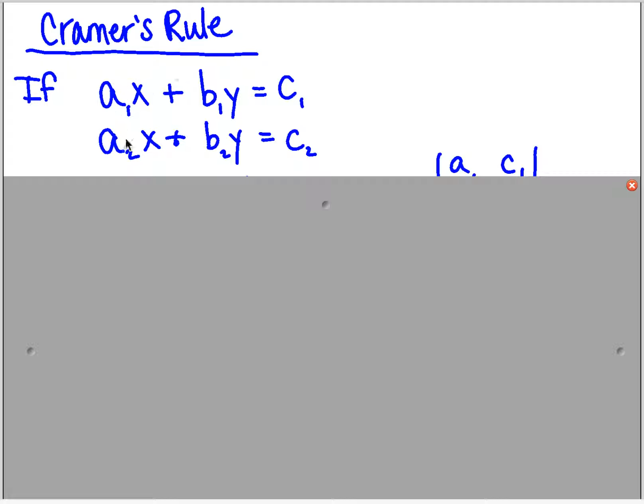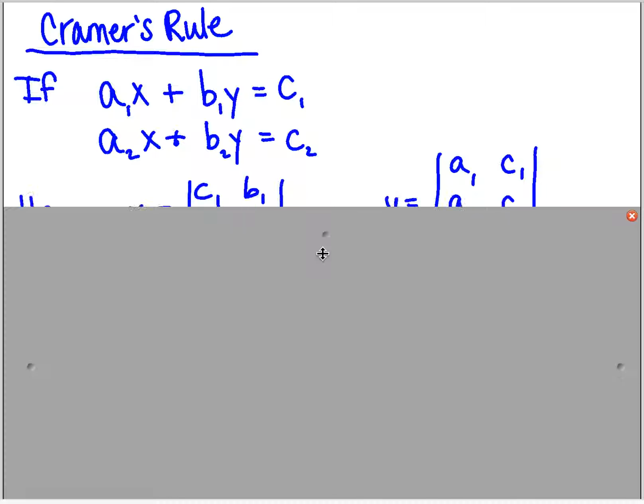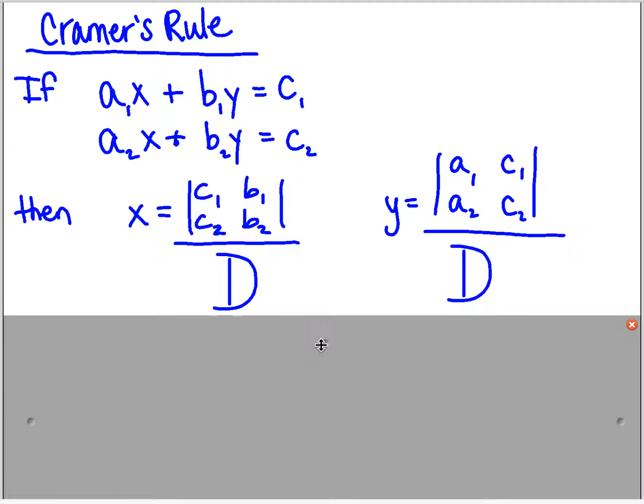If your system is set up like this, then x equals the determinant of your constants in the left column and the coefficients of the y's in the right column, divided by D, which stands for another determinant we'll talk about in a minute.